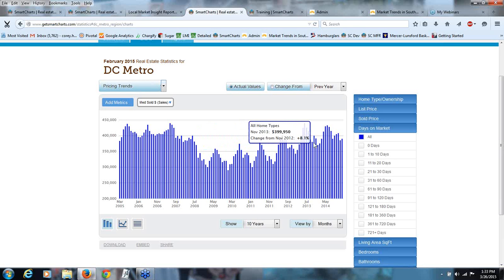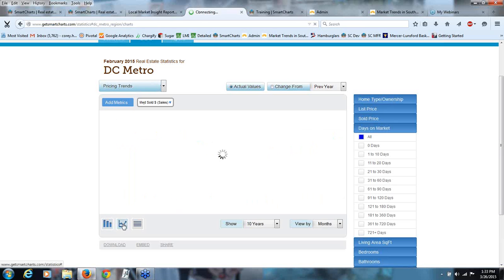The time that you sell your home is very important. If getting the most money for your home is of utmost importance, then it makes the most sense to wait until February, March, April, May. Actually, we did an analysis, and I'm going to change this to line view.